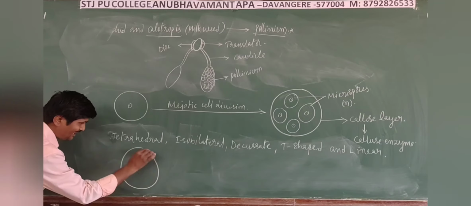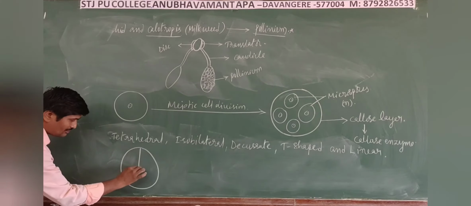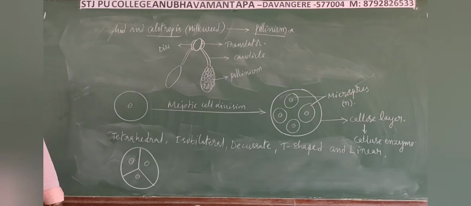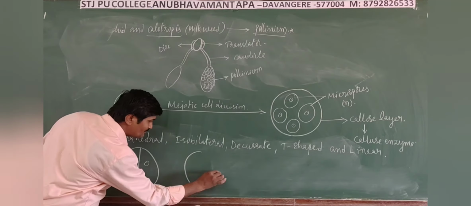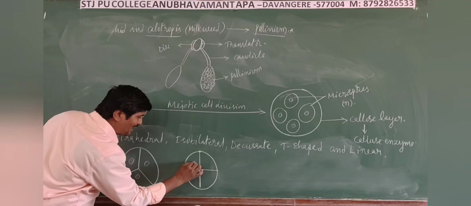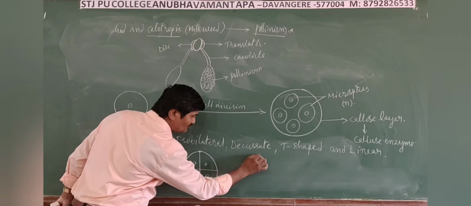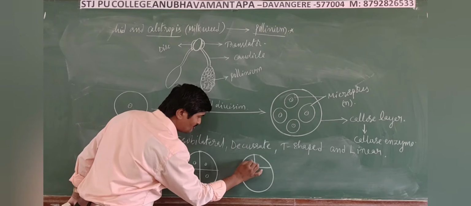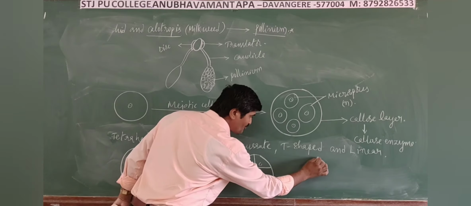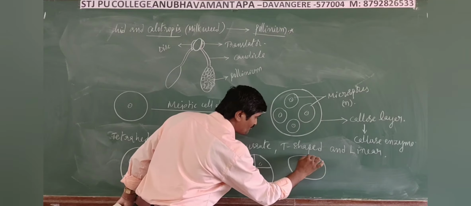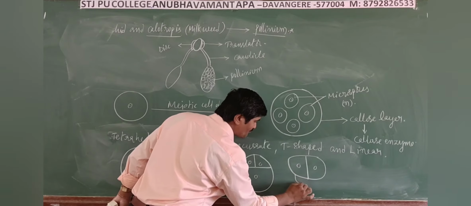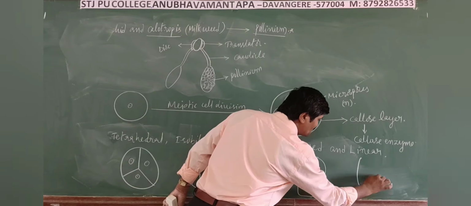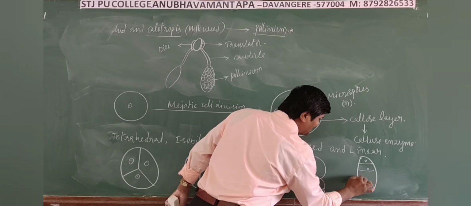See here, this is tetrahedral, isobilateral, decussate, T-shaped and linear.